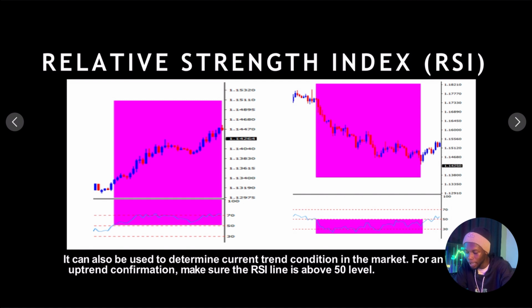Whenever the RSI crosses the 50 level right here, as you can see, the market went to the upside, and again when it crossed the 50 level to the downside here, the market came down immediately, like that. So the RSI can also be used to identify the trend of the market.